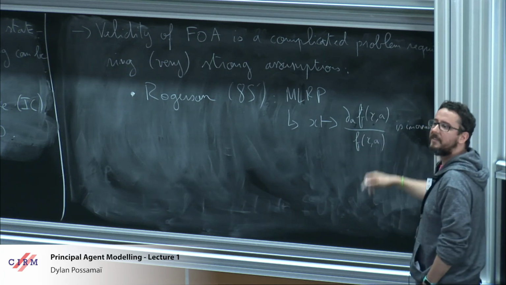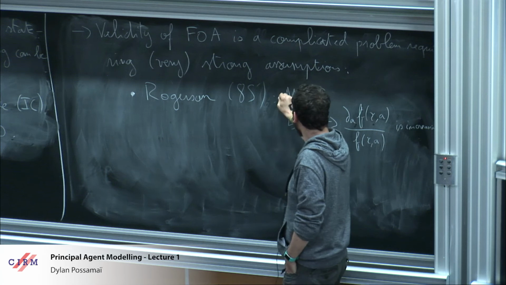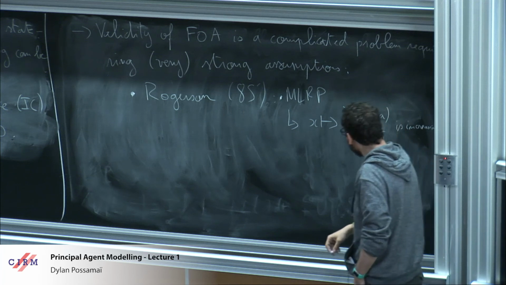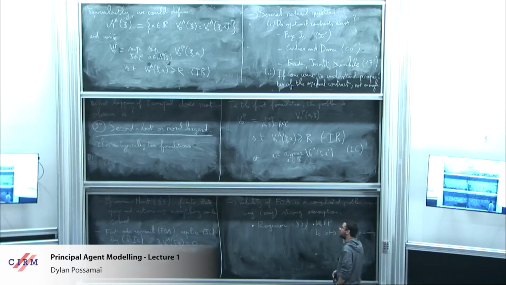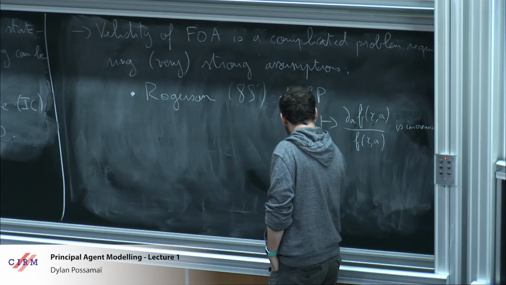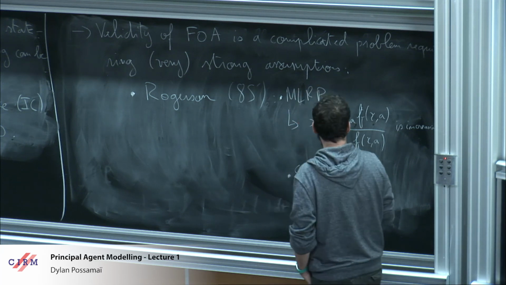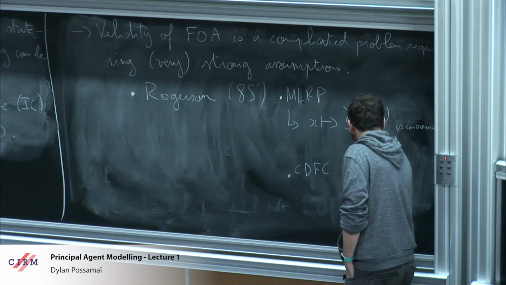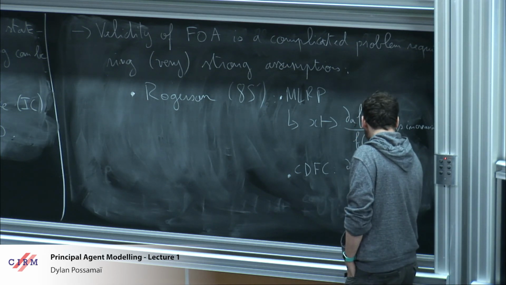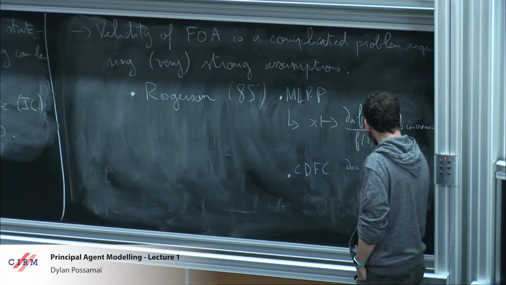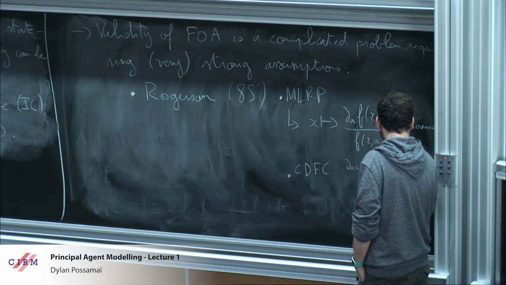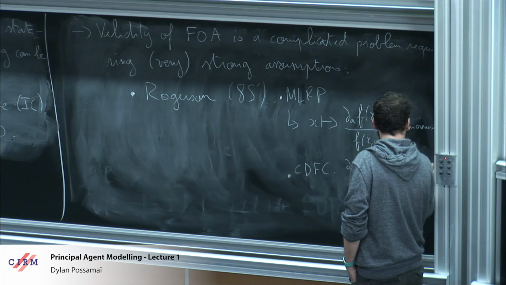That's a relatively nice condition. Most of the densities you can come up with will satisfy this, so that one is not too annoying. The one that's annoying is called CDFC, for convexity of the distribution function condition. This one is asking that the second-order derivative with respect to a of, not the density, the distribution function F, is greater than 0.